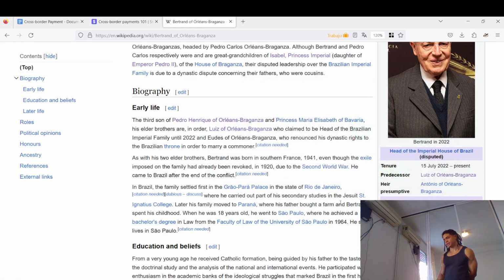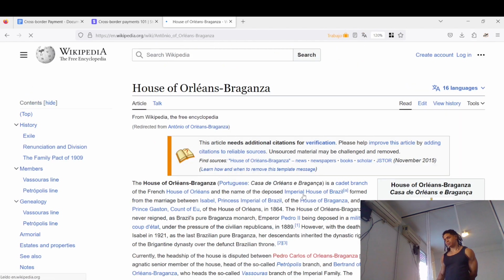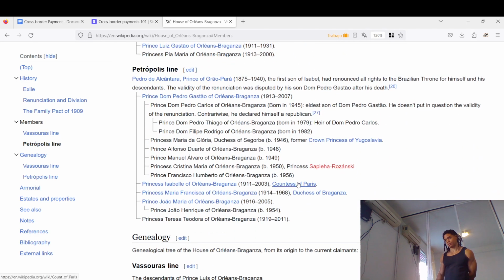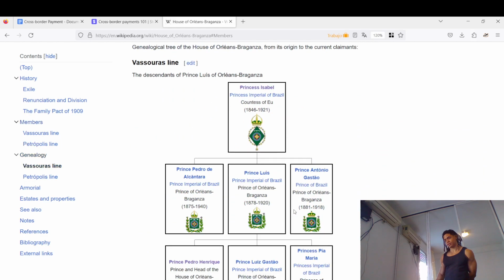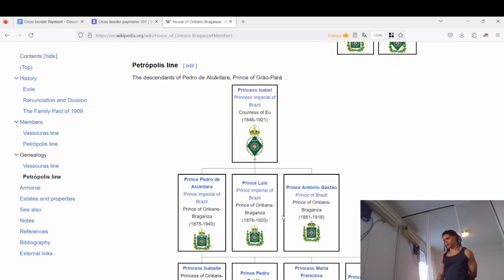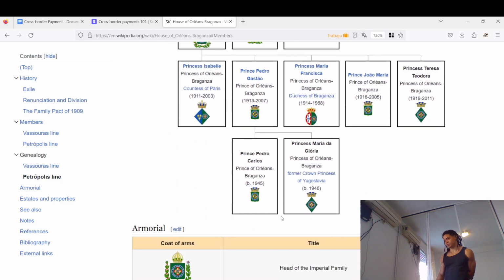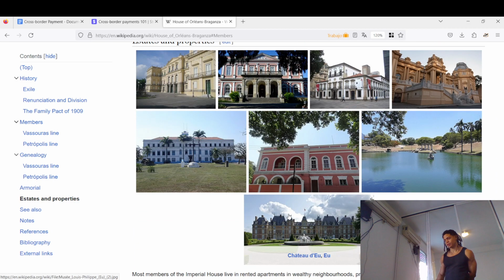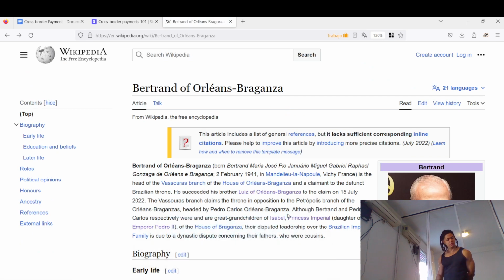Braganza is a strong name in there. Petropolis line. Very, very interesting.